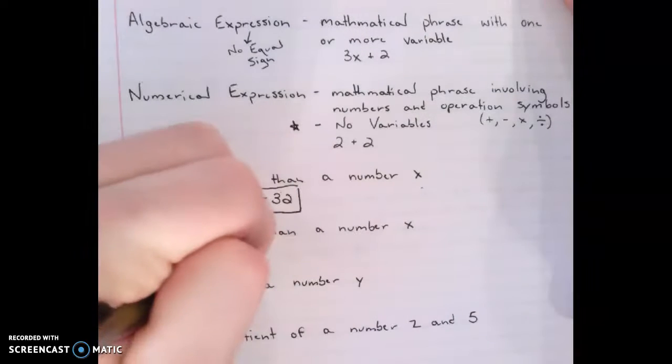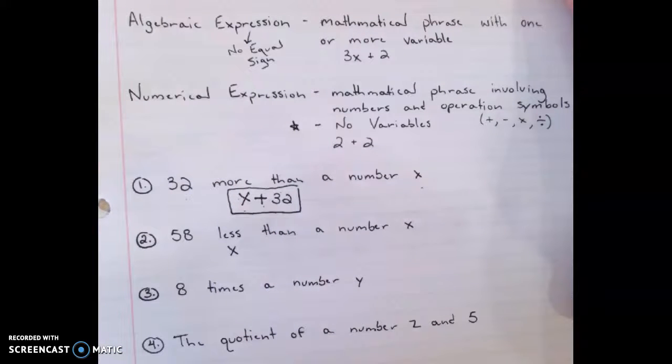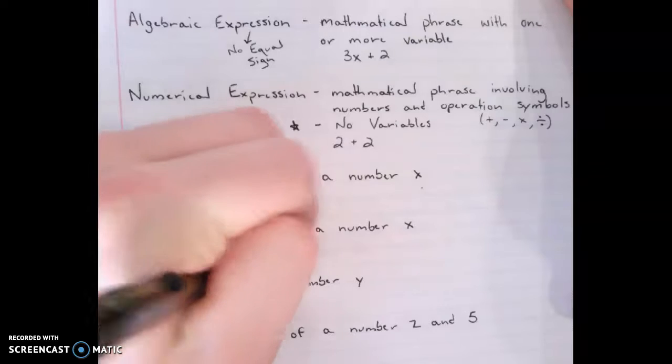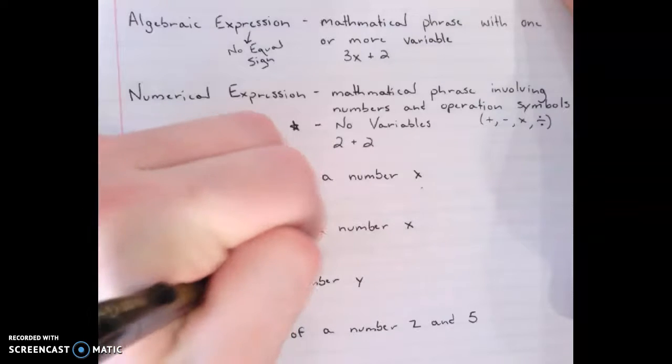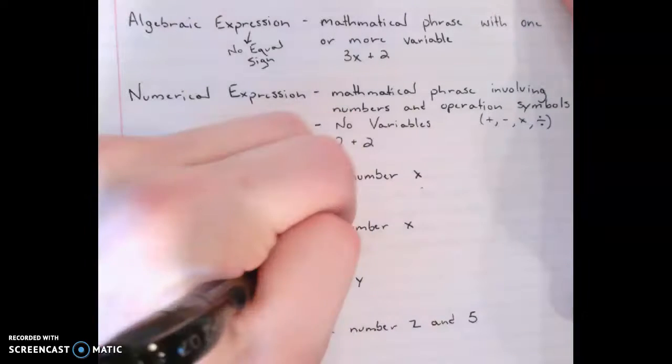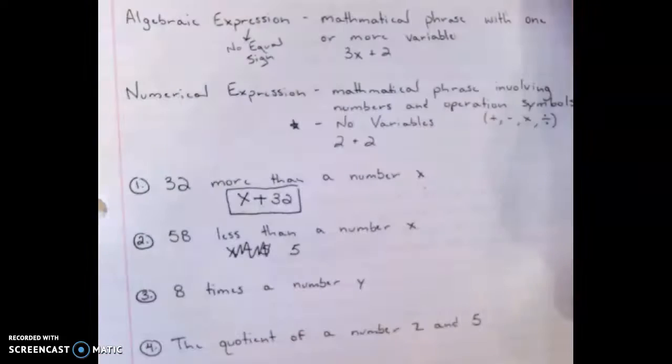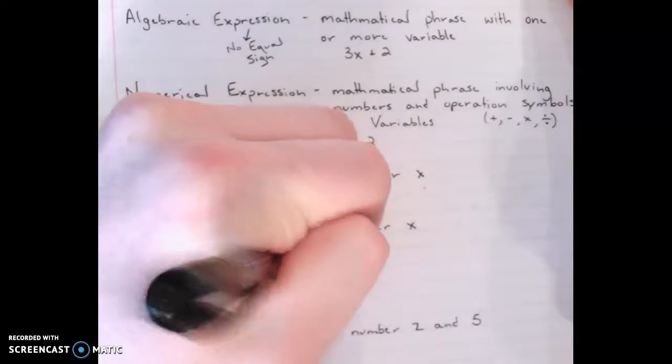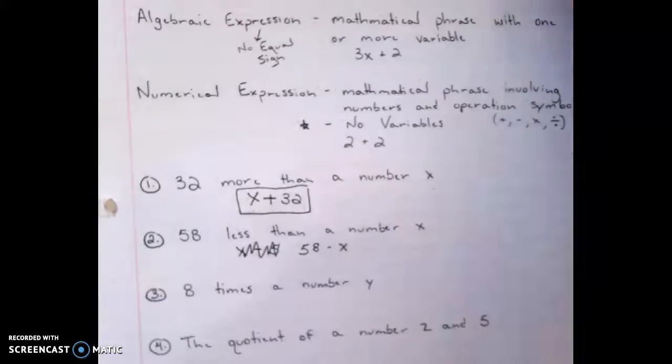So I'm starting with that x, and 58 is less than that number. So it's x minus... excuse me, guys. 58 is less than a number x, so it's 58 - x. And that would be our expression for 58 less than a number x.